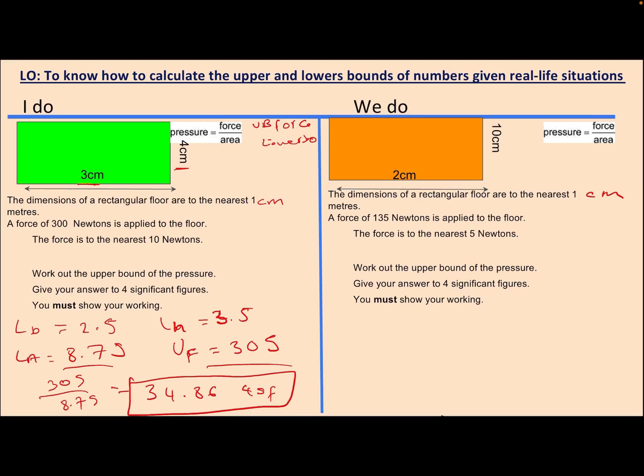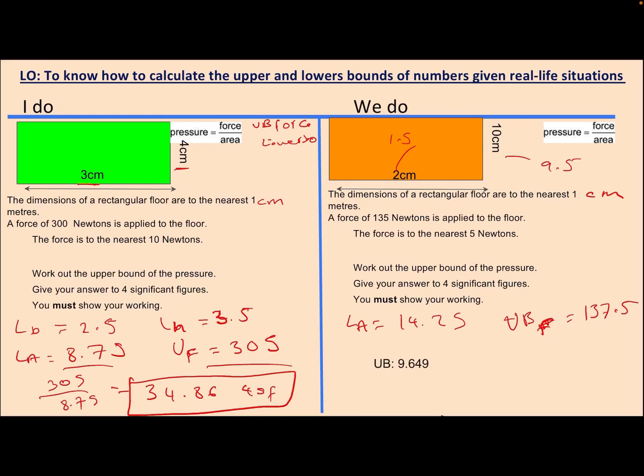So I'm just going to quickly show you how to work out this one as well. So the lower bound for this is just 1.5. Lower bound for that is 9.5. Okay, and then you're going to multiply them together. And that gives you a lower bound area of 14.25. The upper bound force is just 137.5. So you're going to do 137.5 divided by 14.25, and that is going to give you this lovely answer here.